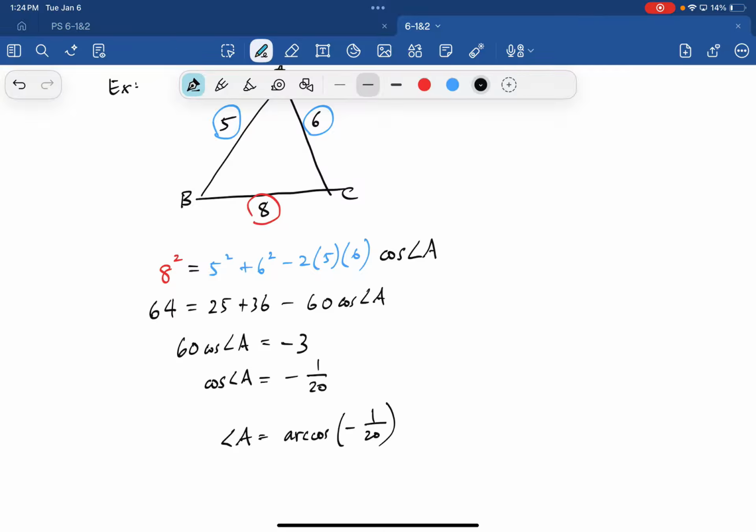Anybody want to guess what that's equal to? Any guesses? Why are we so slow? Nobody wants to guess?